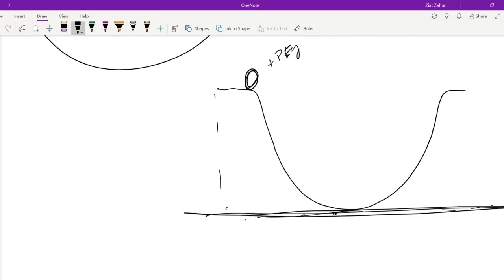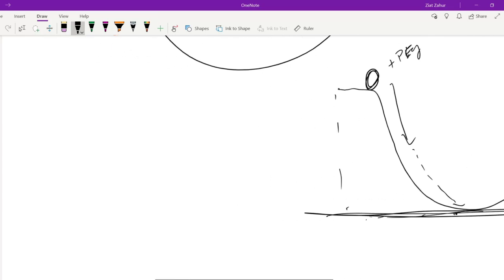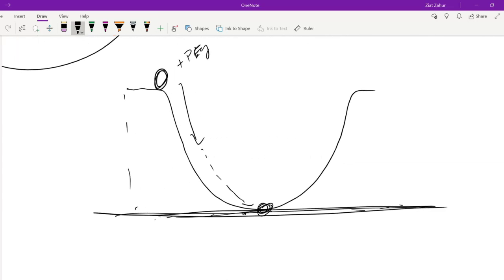If you ever hit rock bottom, you can always keep digging, it seems. So naturally you can fall downwards, but once you're over here, unless you have kinetic energy, then naturally you will not go up.